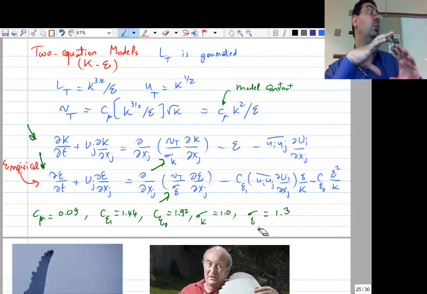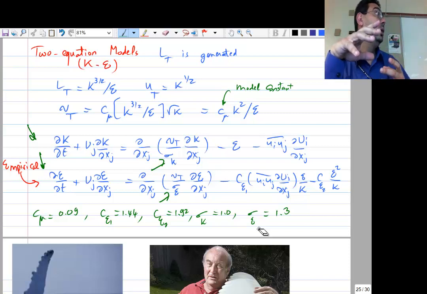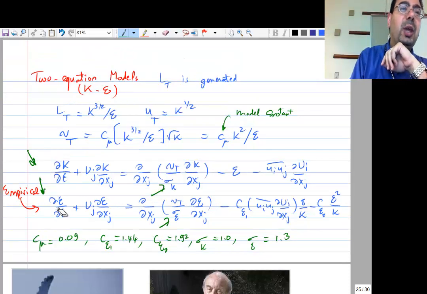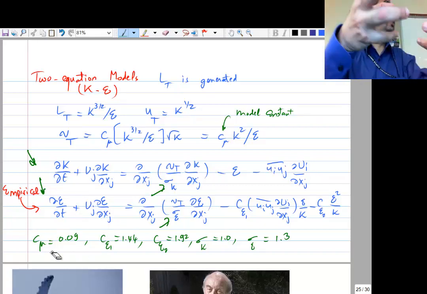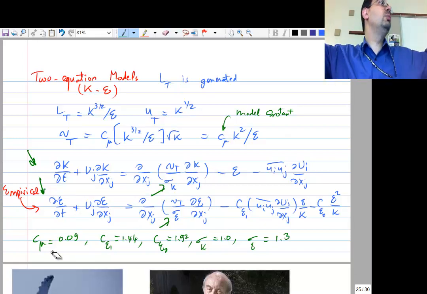But then when they move to shear flow or different kinds of flow, separated flow, they have to retune those numbers to fit the experiments, right? So that's the difficulty, it's basically a lack of generality. It's not the same numbers everywhere, all right? Those are the two equations, K and epsilon, that they add to the Navier-Stokes equation, the three momentum equations.